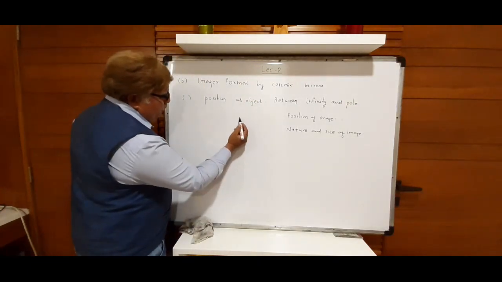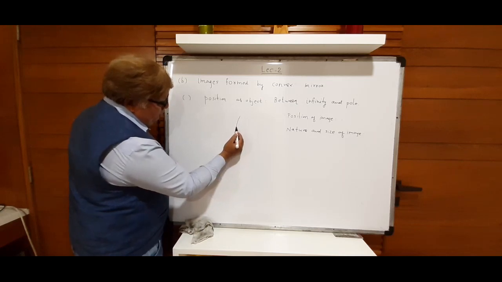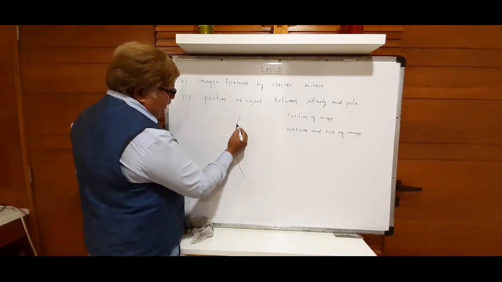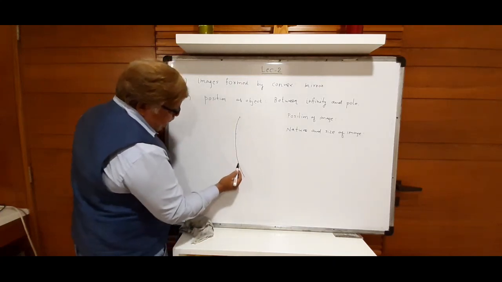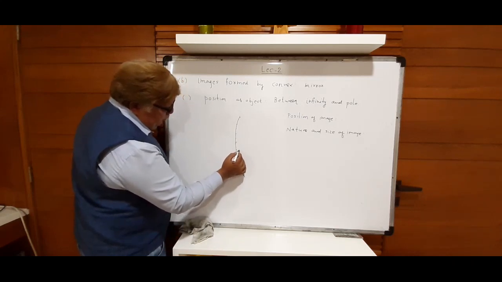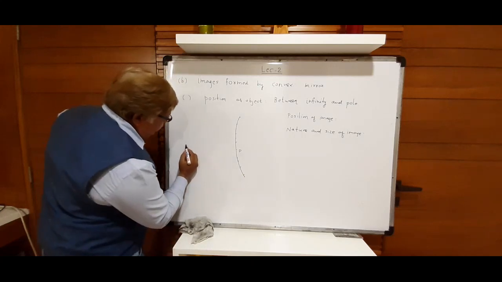Okay? See, first the convex mirror, as you know. Okay, dashed, because the outer surface is shining. P, pole, and the principal axis.